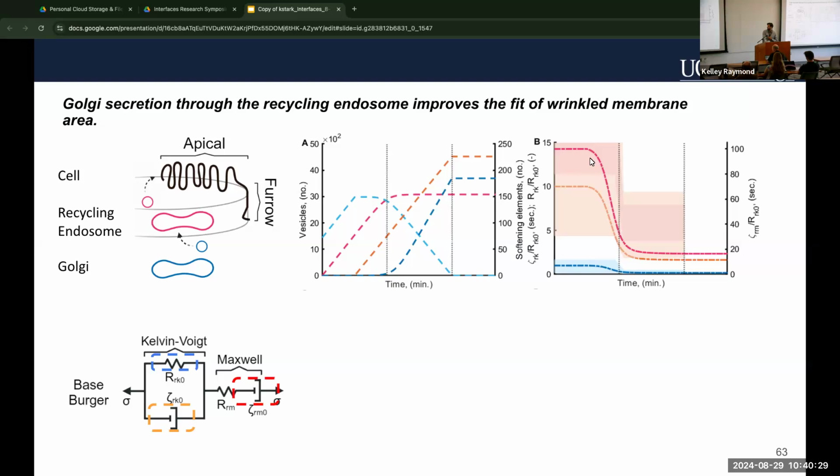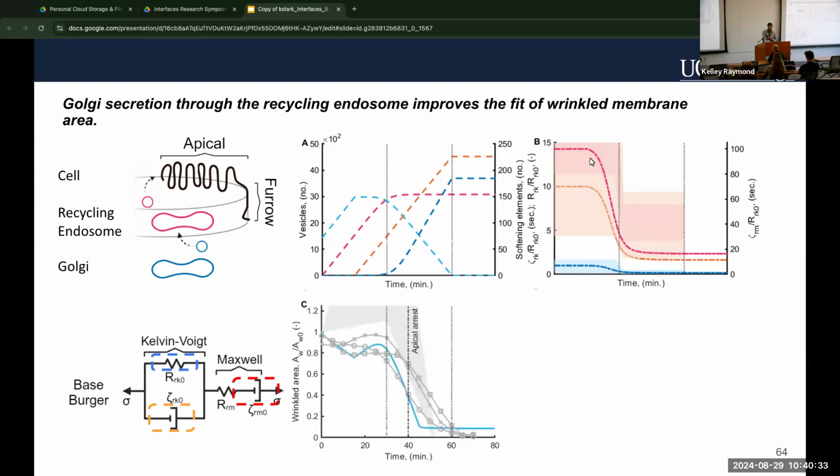We have some expected viscoelastic behavior, which is good. And interestingly, and kind of happily, our wrinkled area fits the experimental data better, shown in gray, and our model in blue, where we have this initial decay for the first 15 minutes, and then a little bit of a spike up in the apical surface, and then once again a decay.